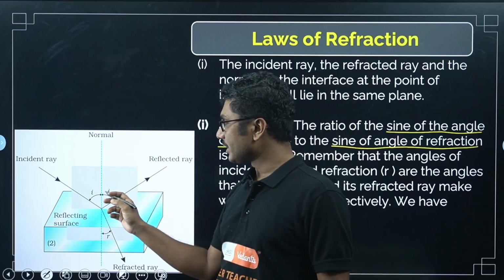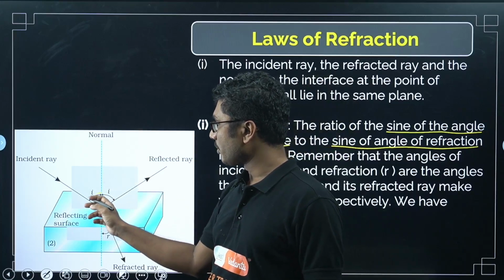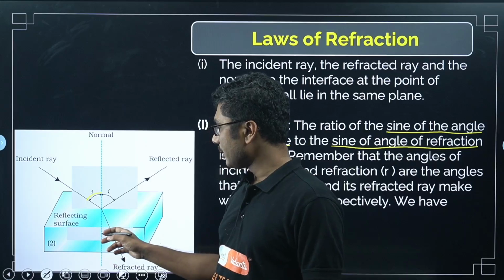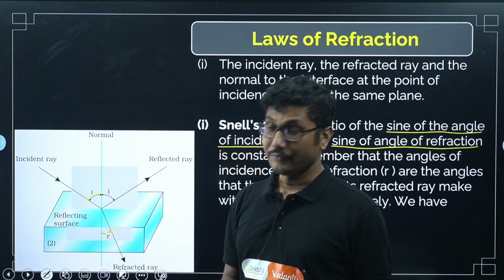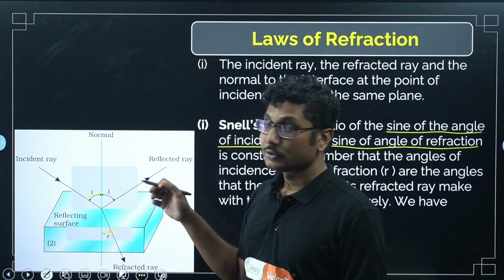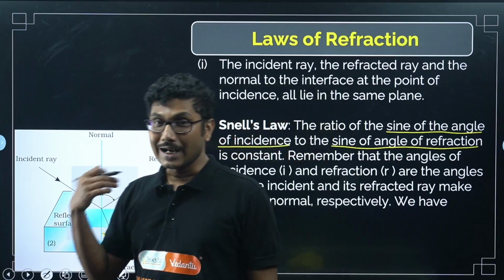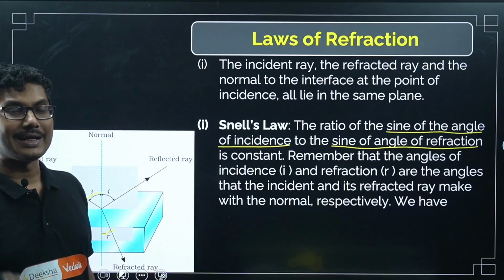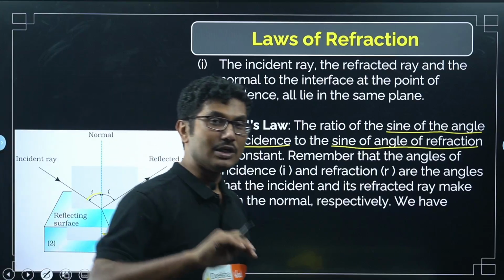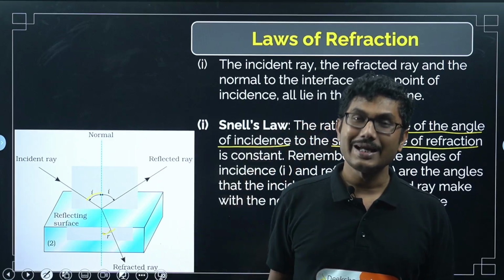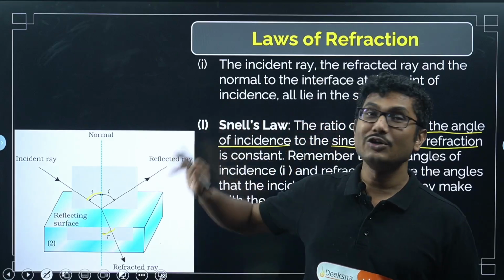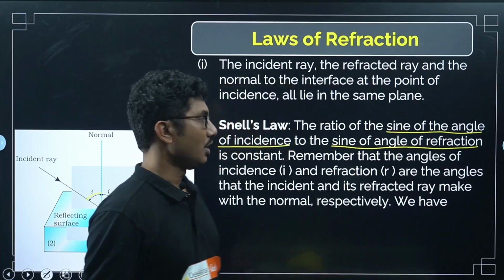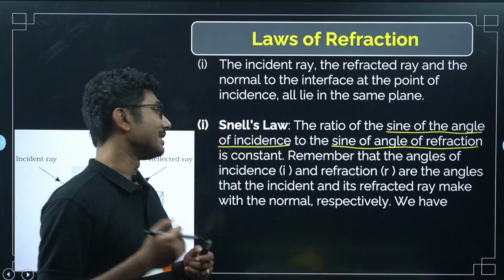We always measure the angle of incidence with respect to the normal, so this is the angle of incidence, and we also measure the angle of refraction with respect to the normal, so this is the angle of refraction. Unlike in reflection, where the angle of incidence was equal to the angle of reflection, here the ratio of the sines is constant.